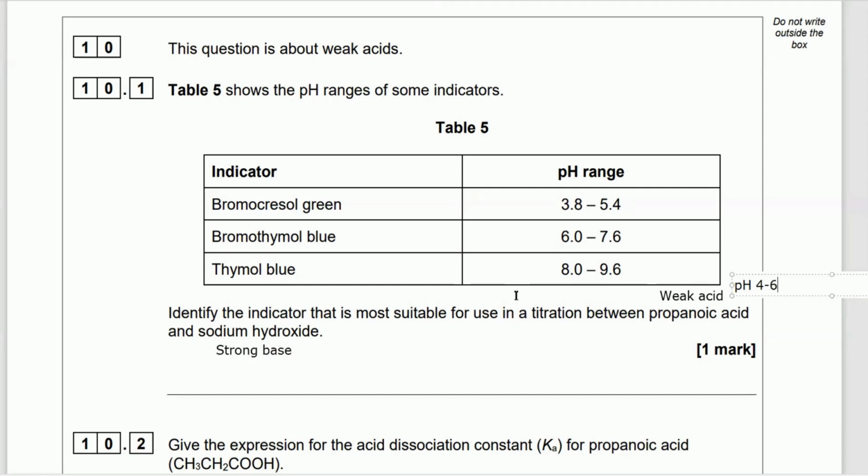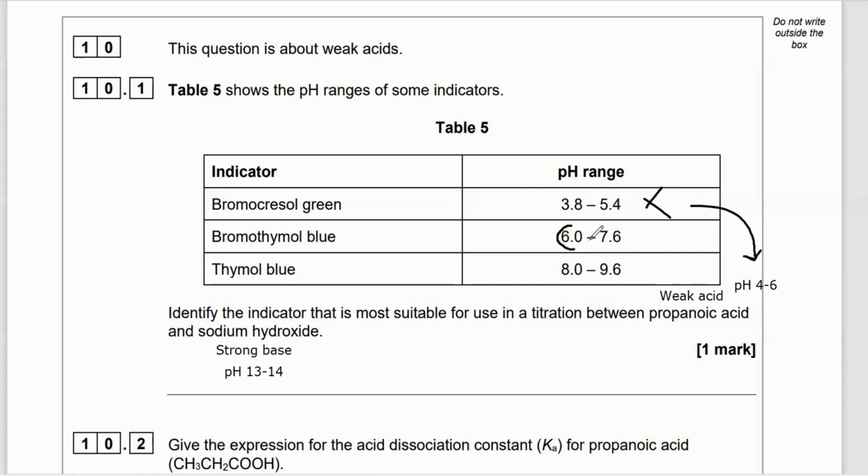We don't want our pH range for our indicator to be either in the pH of a weak acid or a strong base. So a weak acid is what, 3, maybe 4 to 6. So we don't want an indicator that changes color between 4 and 6 because it will change color if I have the weak acid in the conical flask. We don't want an indicator that changes color between like 12 or 13 to 14 because that will change color if I have my strong base in the conical flask before we've even done the titration.